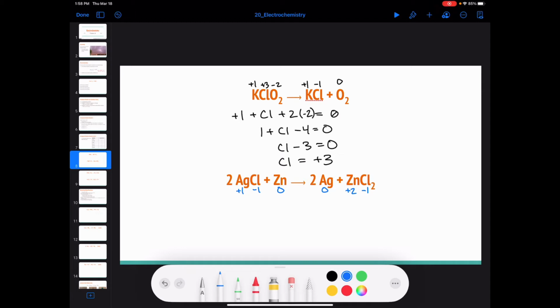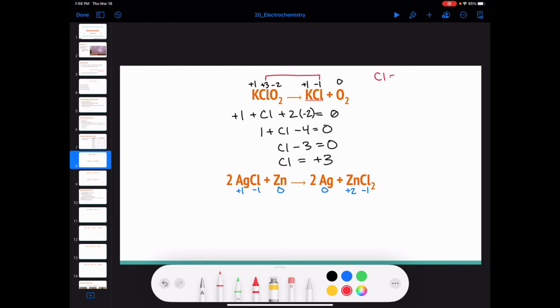All right, now what about if I was asking you what was being oxidized and what was being reduced in each of these cases? So then what I would do is I'd say, okay, look at this potassium. Potassium's going from +1 to +1. It did not change its oxidation state at all, right? Chlorine went from +3 down to a -1.